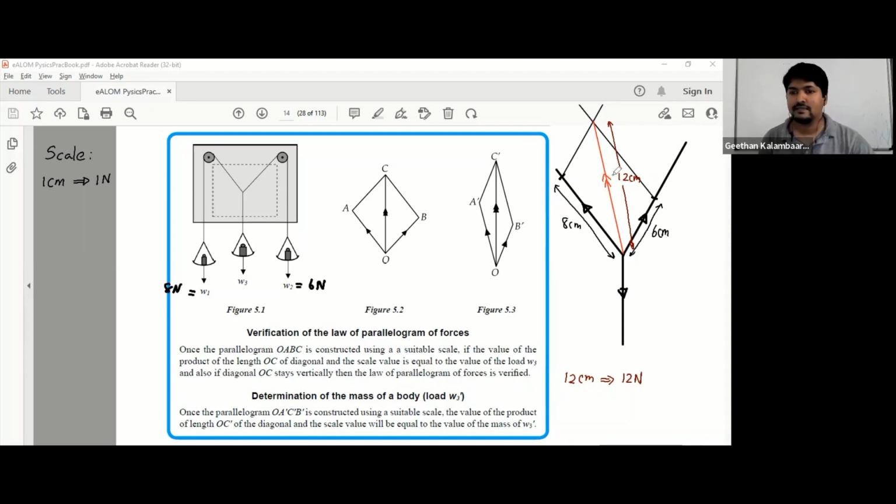In my diagram it's not vertical, but it has to be vertical when you do the experiment. Then you measure the length of the diagonal and calculate using the scale the value of W3. Here we get that W3 is equal to 12 newtons. That is how you find the weight of an unknown mass using the law of parallelogram of vectors.